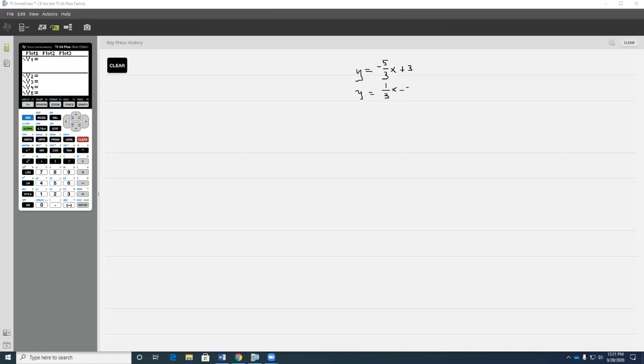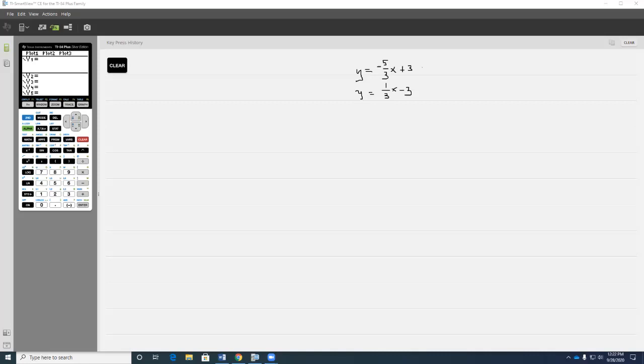So without being too redundant here, I do want to repeat that we've learned how to solve this using substitution, and we have learned how to solve these using graphing. We could use Desmos. I could actually type both of these into Desmos and I would get the solution. Or I could enter these into a matrix on the TI-84. Now, in order to put these into a matrix, we have some rules here. The rules say that anything that has a variable has to be on one side, and any number that's left by itself goes on the other side.